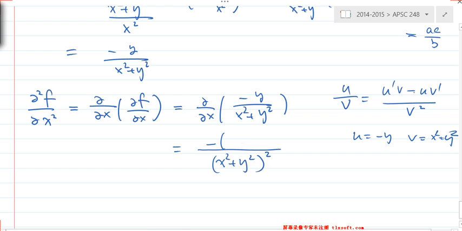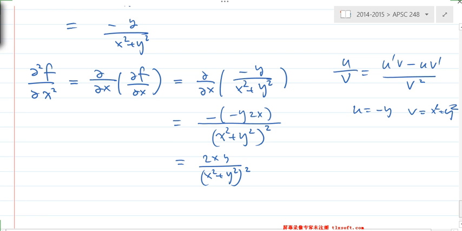Negative u is negative y, and v prime is the derivative of this, which is 2x. So the negatives cancel each other, giving 2xy over (x squared plus y squared) squared. So that's the second order partial derivative of f with respect to x.